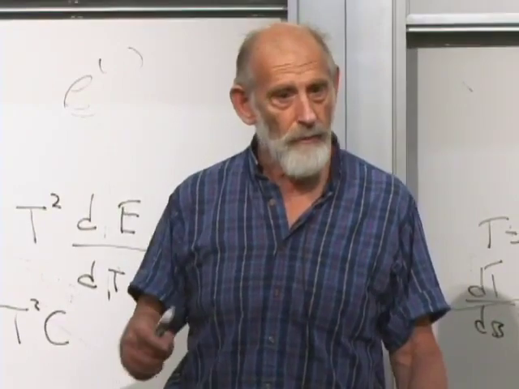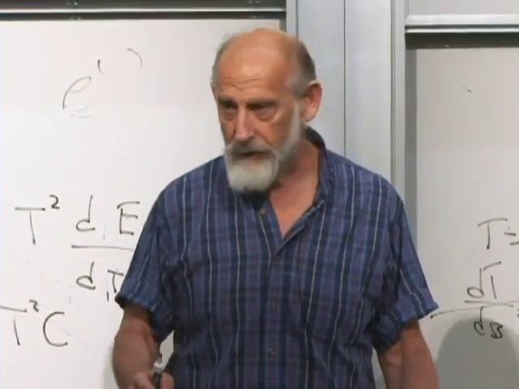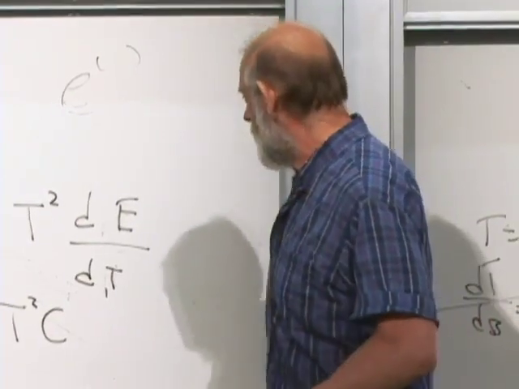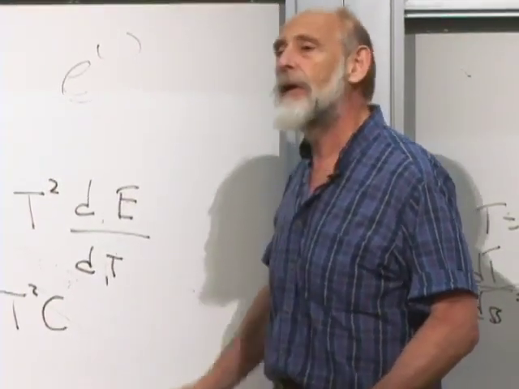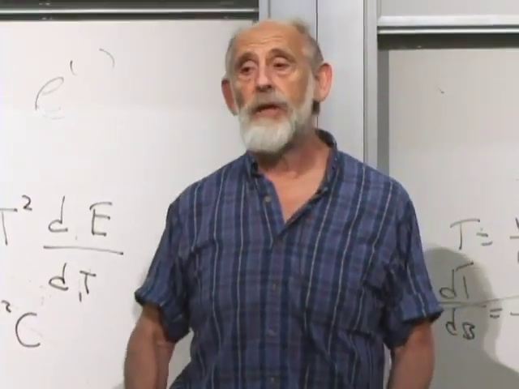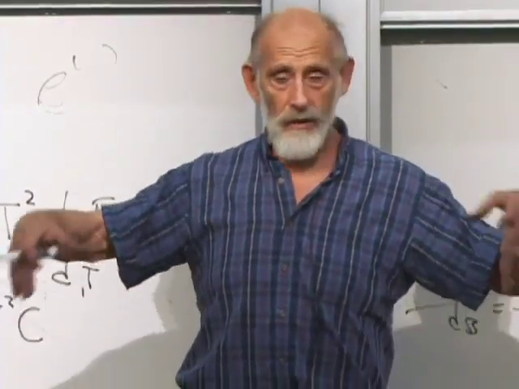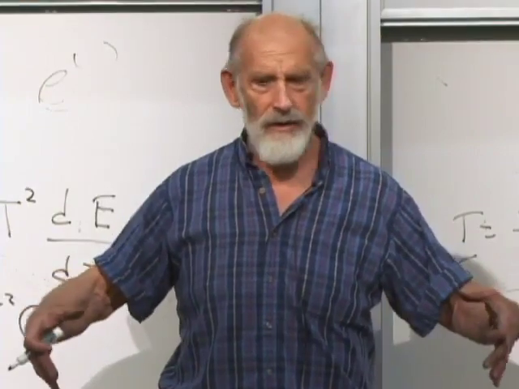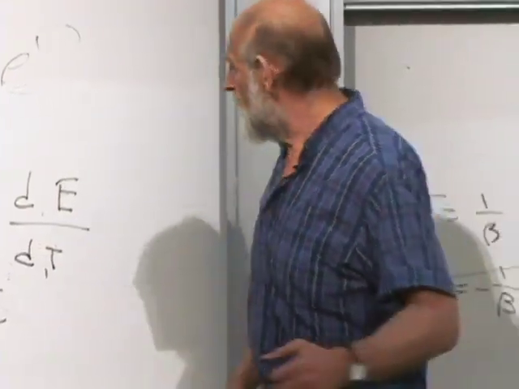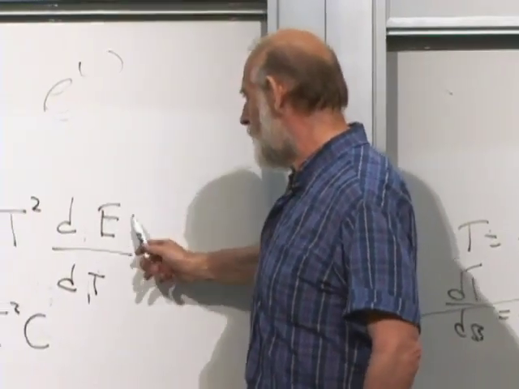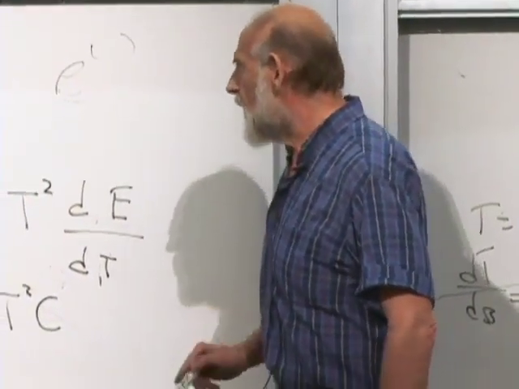It's proportional to the number of particles in the system. The bigger the system, the heavier the system, the more energy you have to put in to change the temperature by a given amount. In fact, the heat capacity is proportional to the mass of the system, depending on what you use. Let's just say the number of particles in the system. So the right-hand side here is proportional to the number of particles.